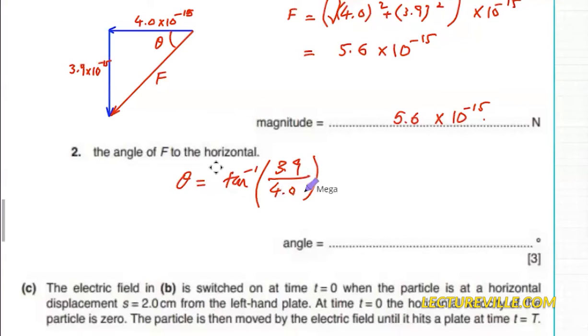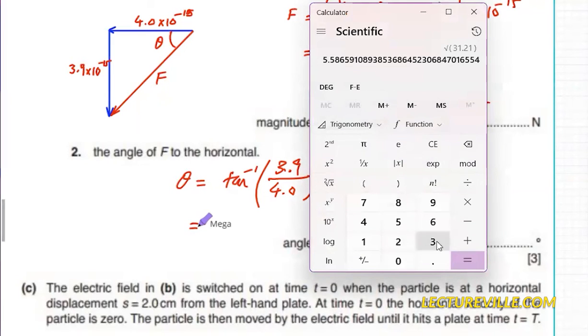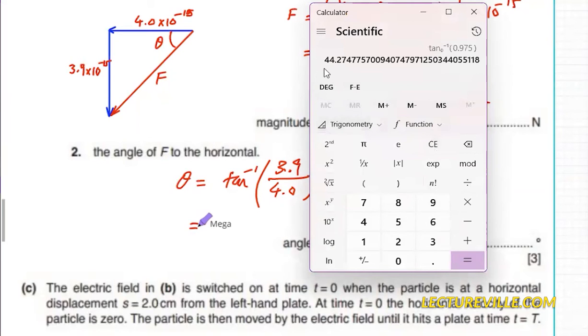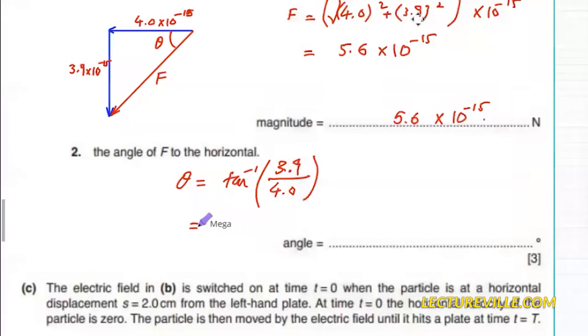Again, I don't feel it is important to write 10 to the power minus 15 with both of them, because it will get cancelled. So theta will be tan inverse of 3.9 over 4.0. So 3.9 divided by 4, 44.3.